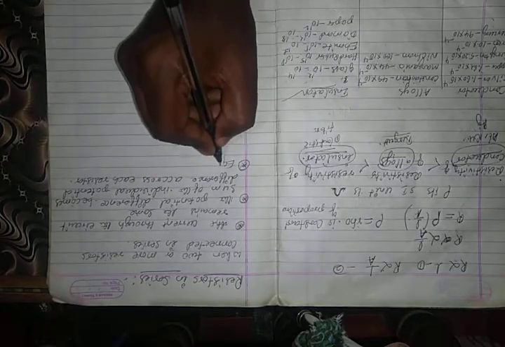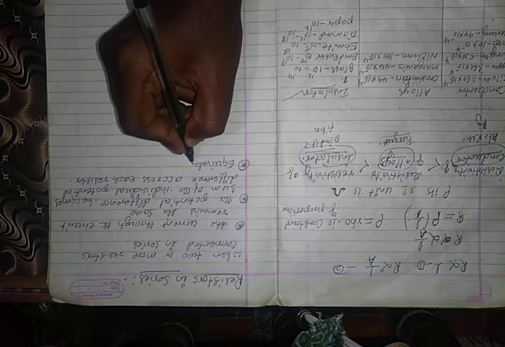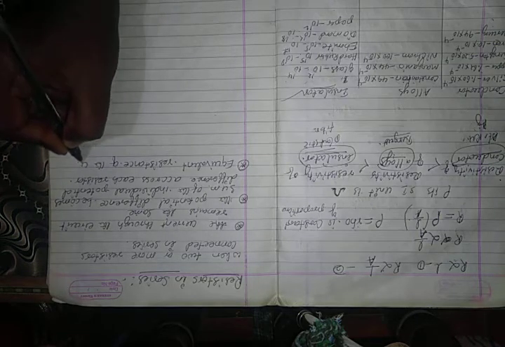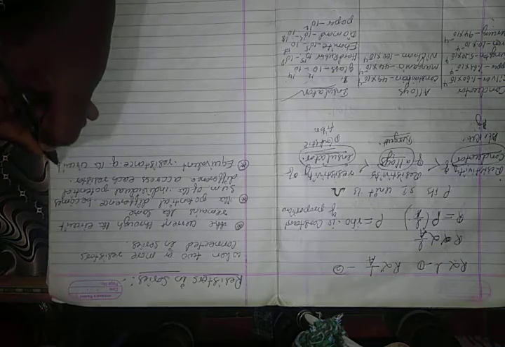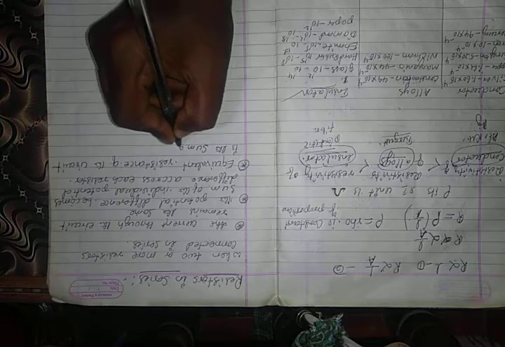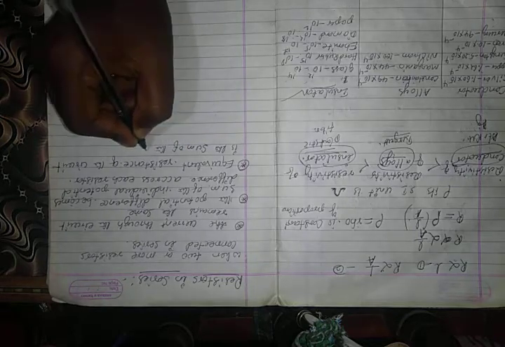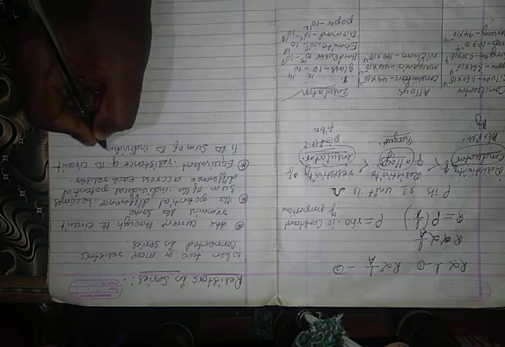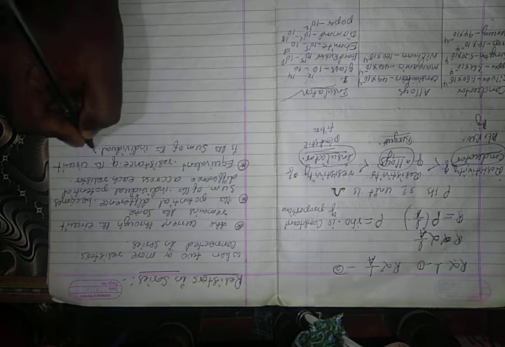Next, the equivalent resistance of the circuit is the sum of the individual resistances.